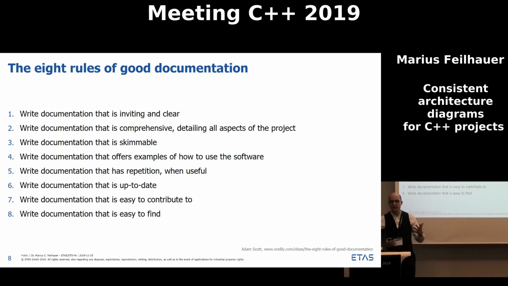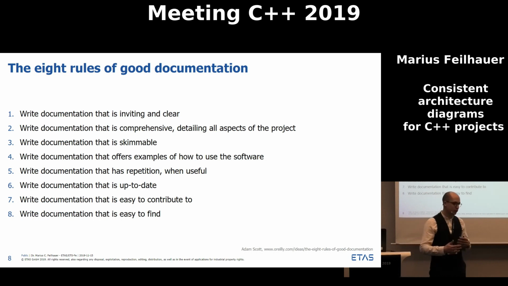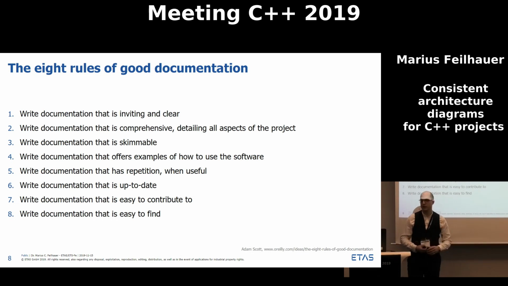Comprehensive, detailing all aspects of the project. Being skimmable, I think that's something to easily skim through with new technologies, when not only having PDF documents but also HTML or whatever. Users don't read from the beginning to the end but have different sections just to skim over.